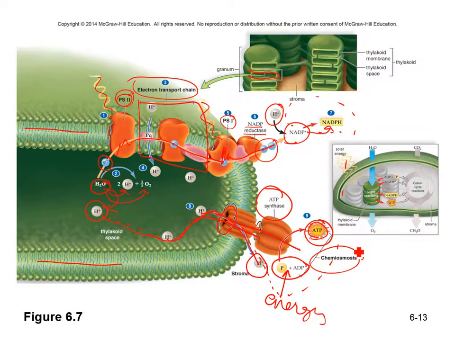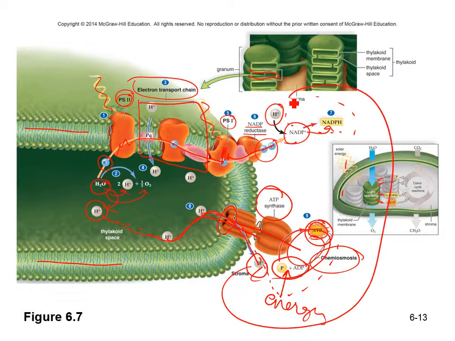So basically, chemiosmosis is generating ATP using hydrogen ions to produce energy. This hydrogen ion doesn't bind anywhere over here. This hydrogen ion comes back up over here and binds to form NADPH.